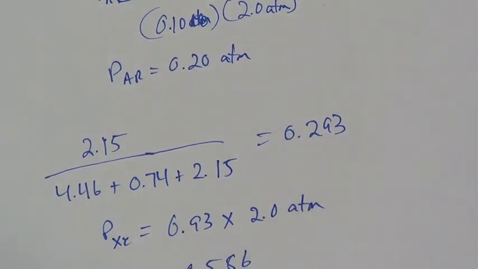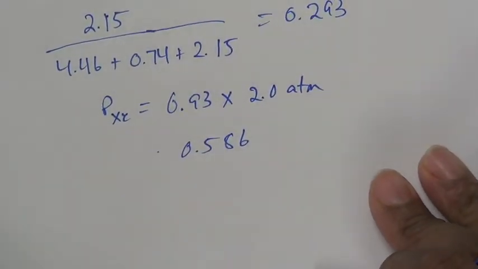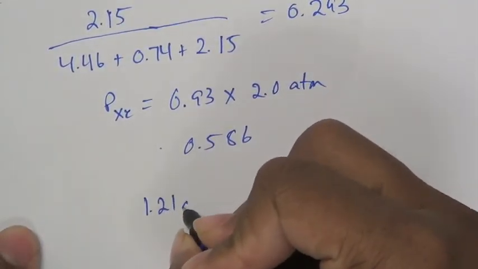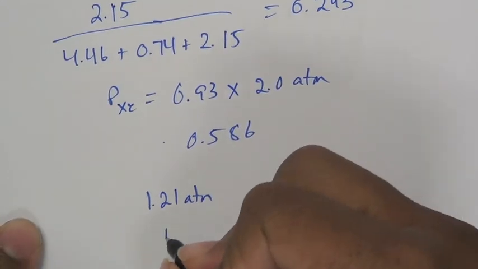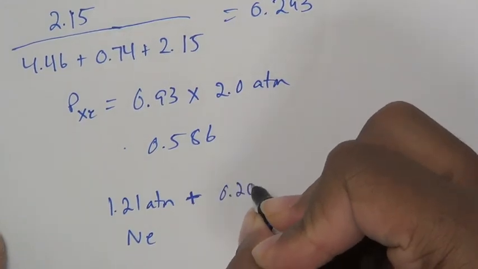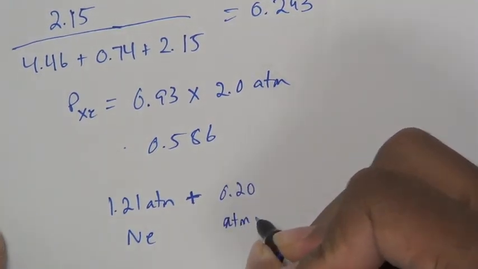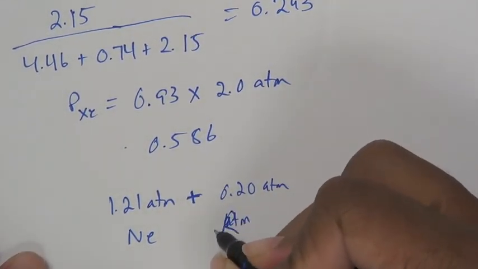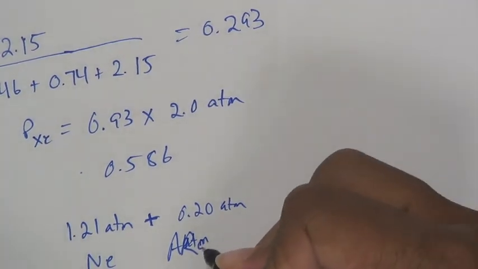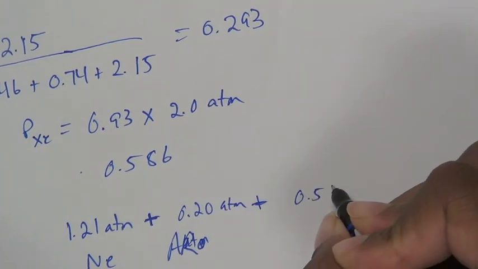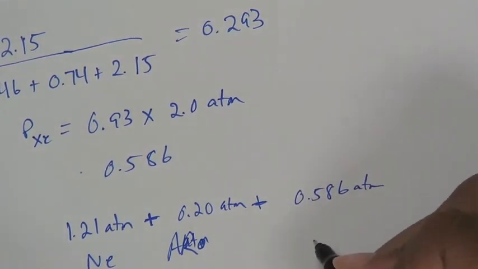So now we calculate the total of the partial pressures. Remember we had 1.21 ATM for neon, plus 0.20 ATM for argon, and then 0.586 ATM for xenon.